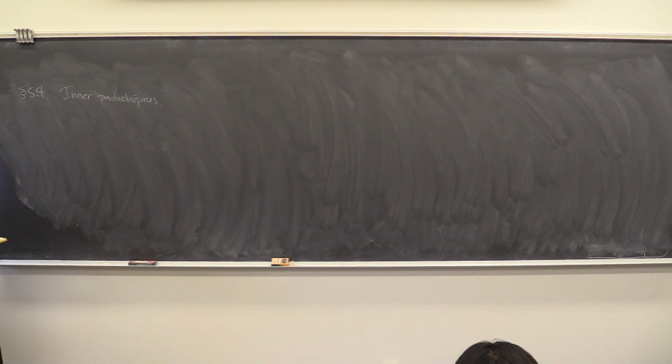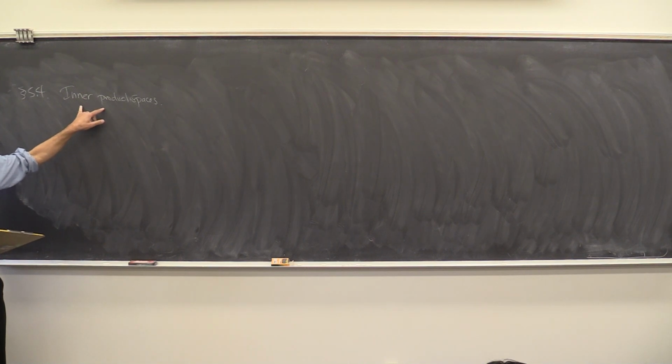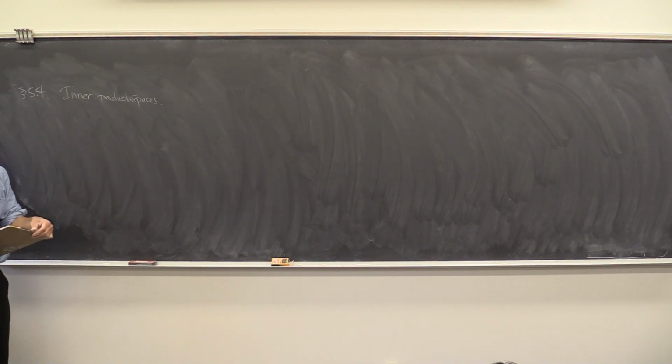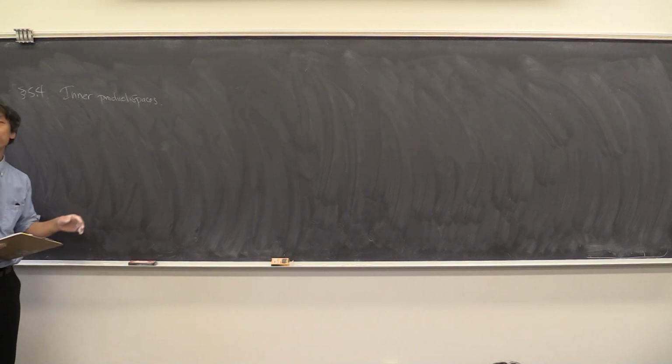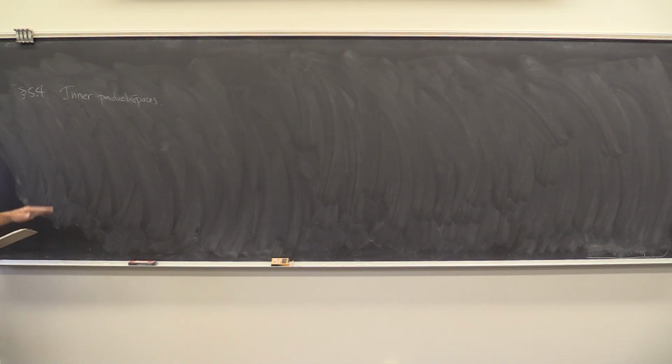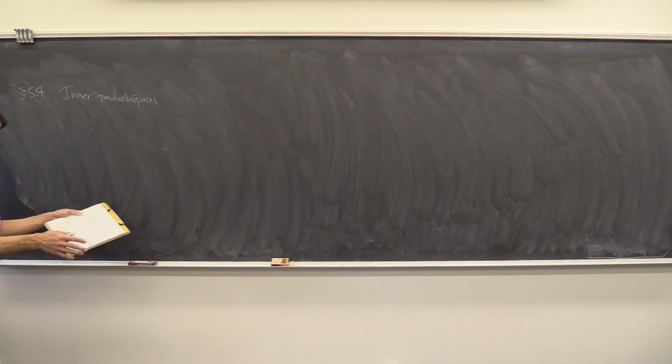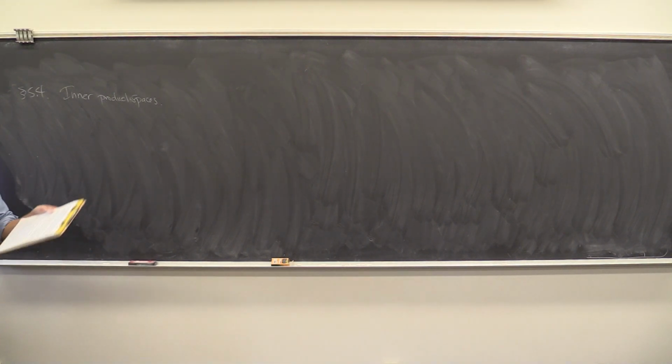So this is basically a generalization of dot products to abstract vector spaces. What we've been talking about so far in this chapter is Euclidean space, where you have the dot product and all these results. But just like how we extended Euclidean spaces to abstract vector spaces, you can extend the dot product to an inner product.